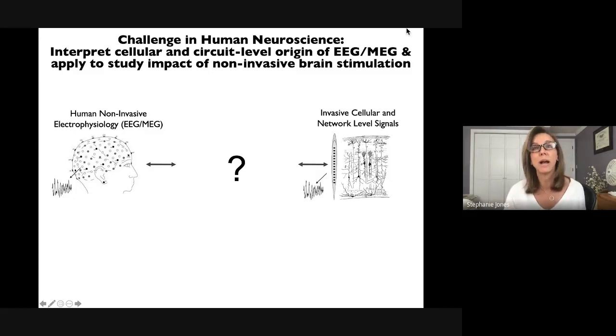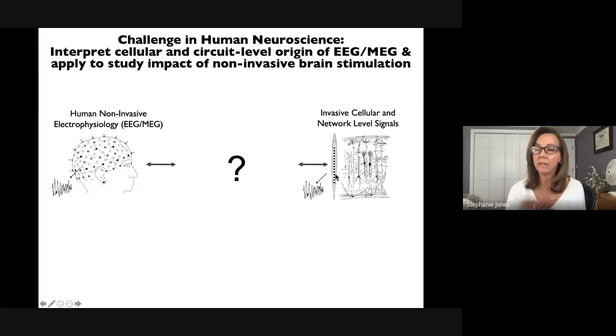But a downside is what we're recording is the so-called macro scale activity. It's generated by large ensembles of neurons, and it's still really difficult to infer what's going on at the underlying cellular and circuit level.